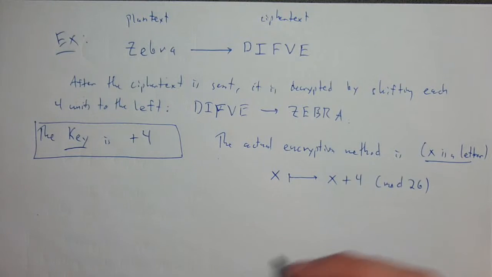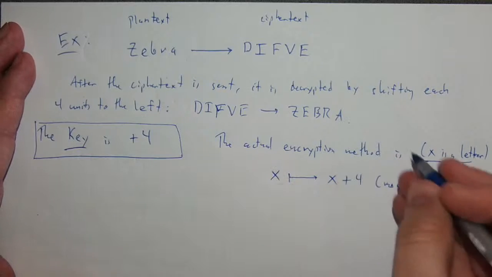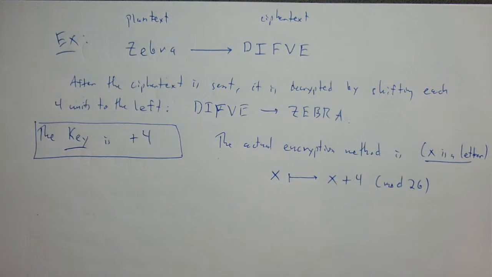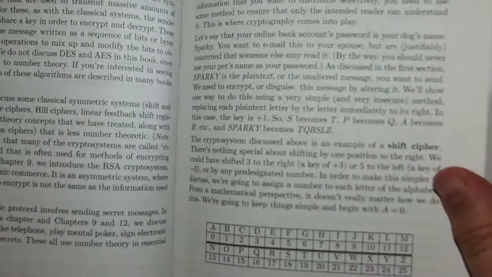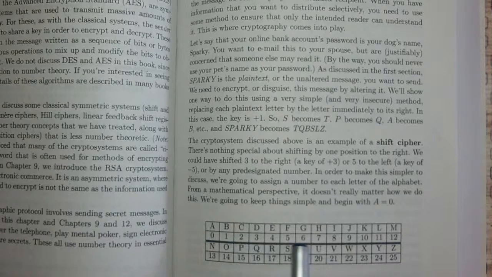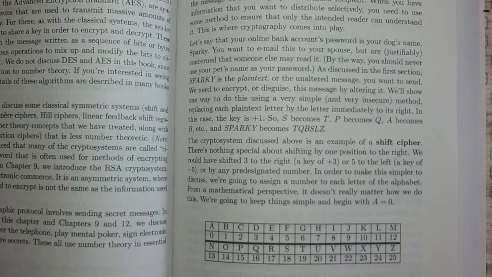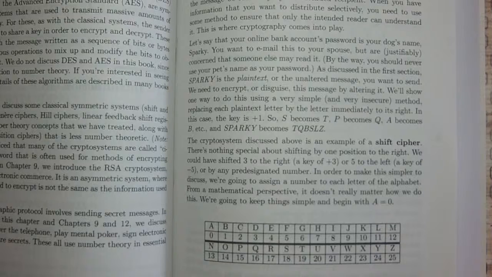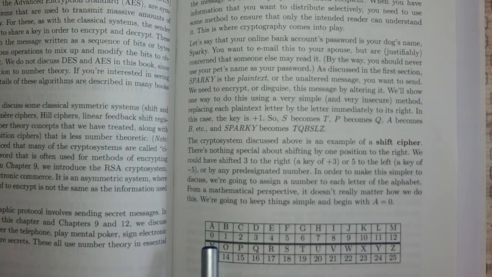So for instance, my table would be the following. So note, and there's a warning here beneath this picture, that I've chosen A to be the 0th letter.